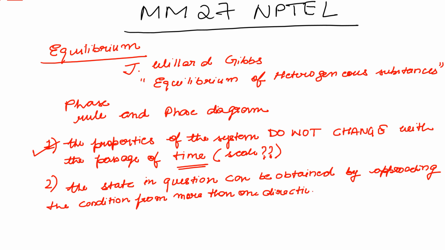That is, we will have certain variables in our hand which we can configure, and we can reach that state in more than one way. We can get, let's say, ice from liquid by freezing, lowering the temperature, or we can also play with the pressure and convert the phase to ice. So ultimately we get from state A to state B through more than one pathway, by playing with different variables.